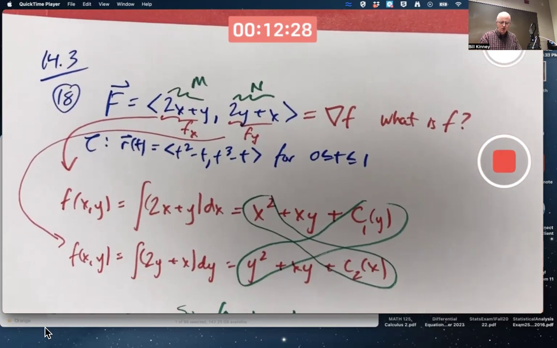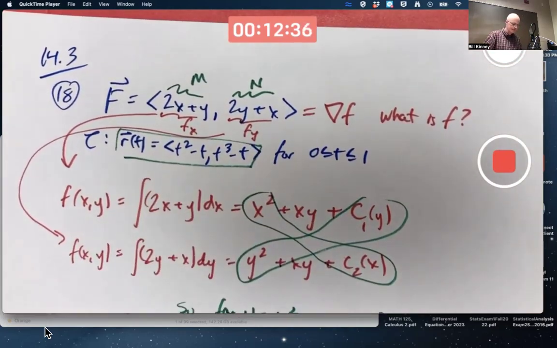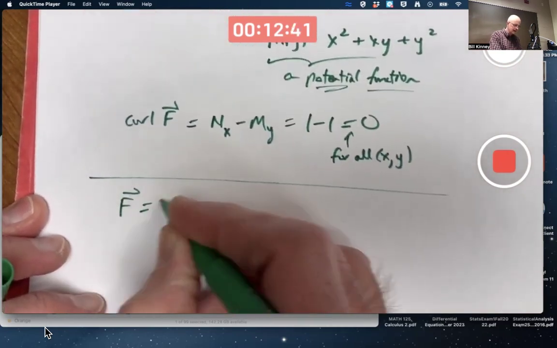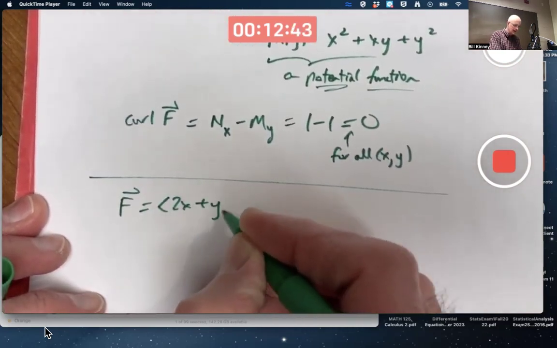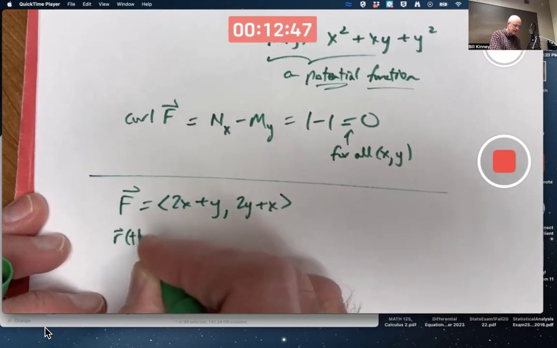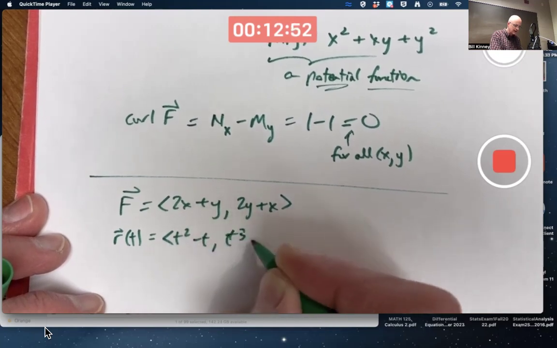So let's get more practice with the line integral itself. Here again is our R of t. I'll rewrite everything down here. So F is 2x plus y, comma 2y plus x. R of t is t squared minus t, comma t cubed minus t.